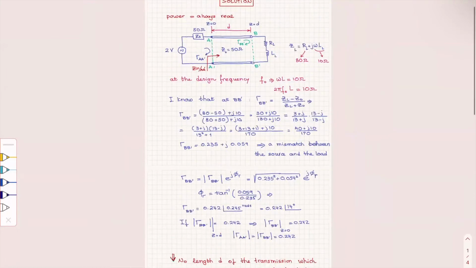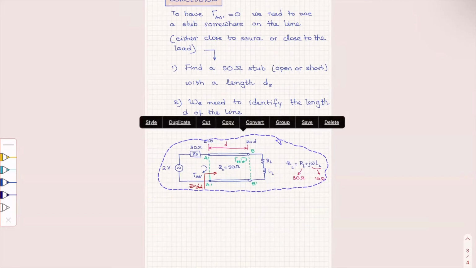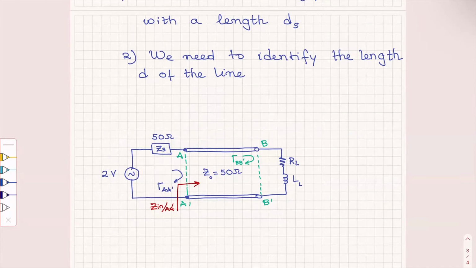Okay. So let me take the original. Copy. Paste. Okay. I will remove a few things. I'll keep this.